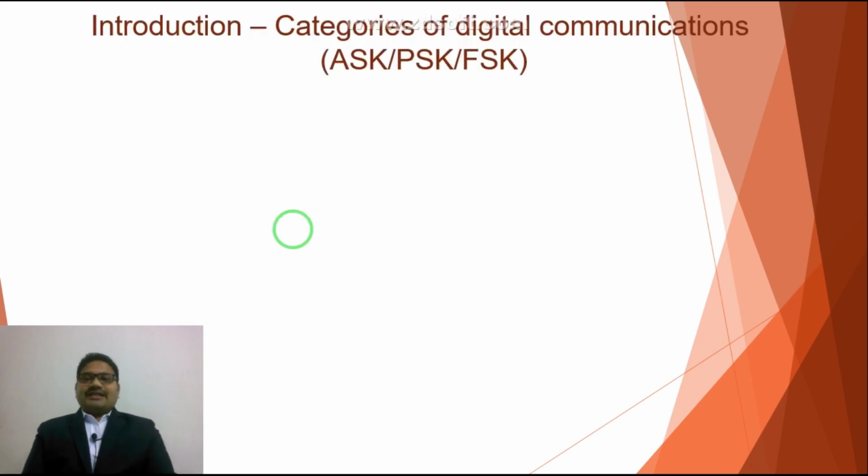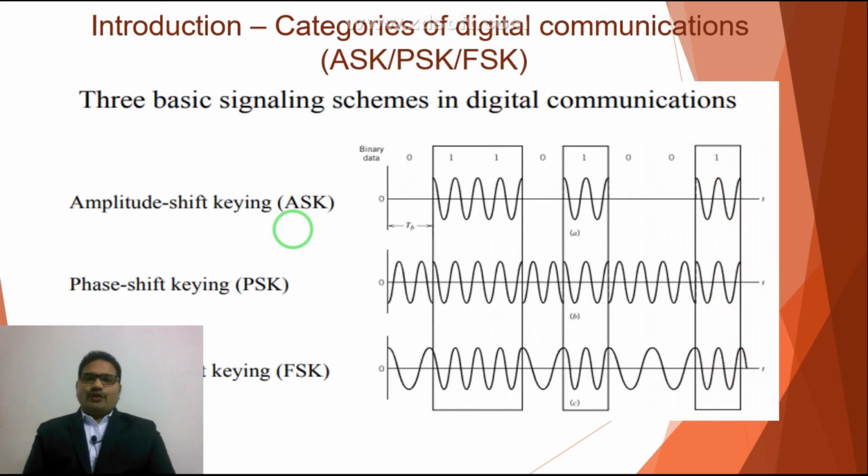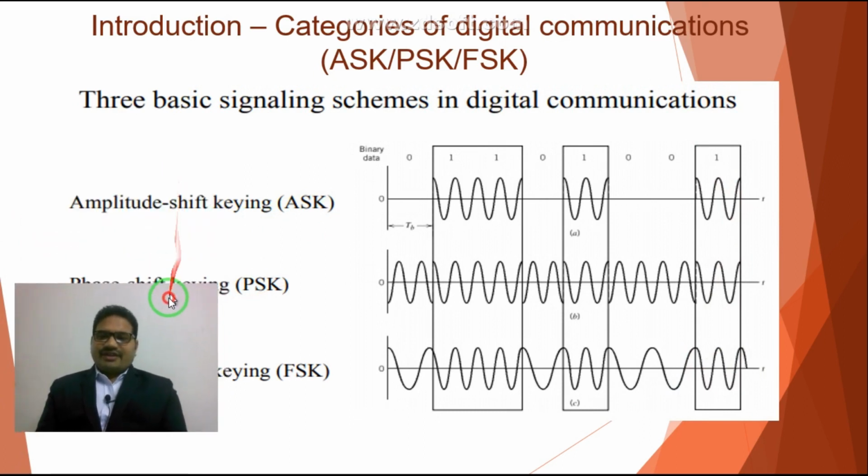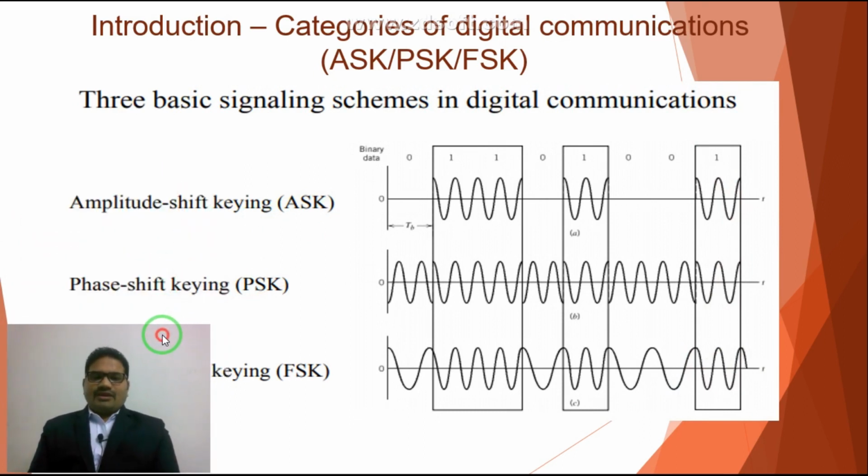Starting with today's topic, the three basic signaling schemes that we are going to use are amplitude shift keying, phase shift keying, and frequency shift keying. These are special classes of amplitude modulation, phase modulation, and frequency modulation.